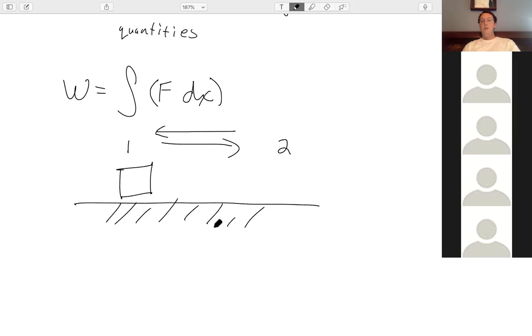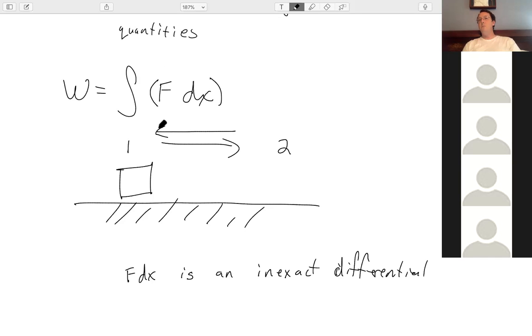We say that for friction, F dx is an inexact differential. Now, I chose friction because it's familiar and we kind of know the answer. It turns out most of the time, unless you know something special, work is inexact. So for us, work is going to be associated with inexact differentials.